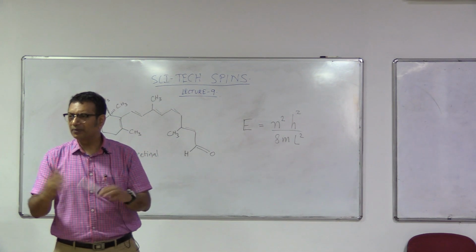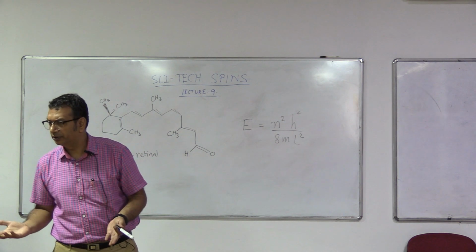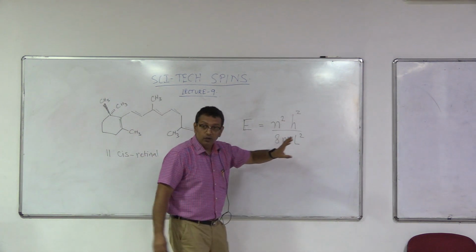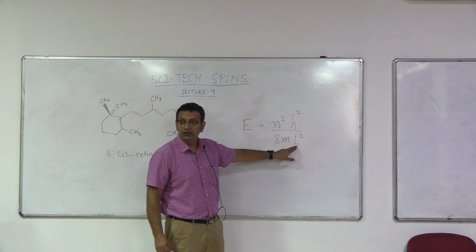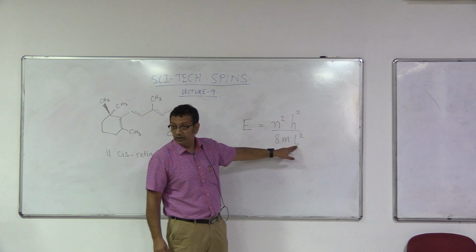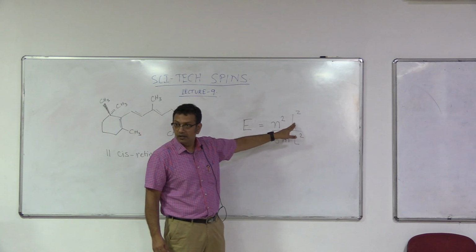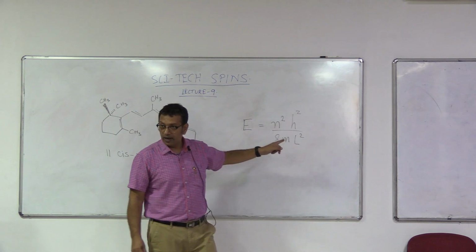This is something you've seen in the case of the hydrogen atom, the Bohr model also. But over here, what you see is that the energy depends inversely on the square of the length of the box. This L is the length, h is Planck's constant, and n is an integer: 1, 2, 3, 4.